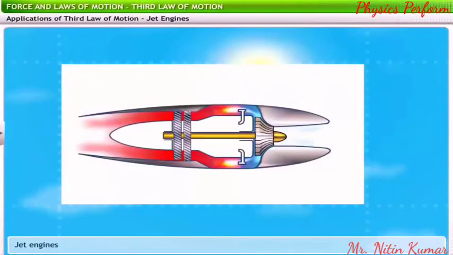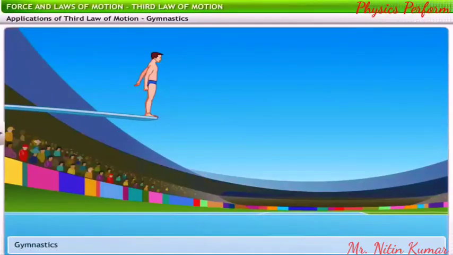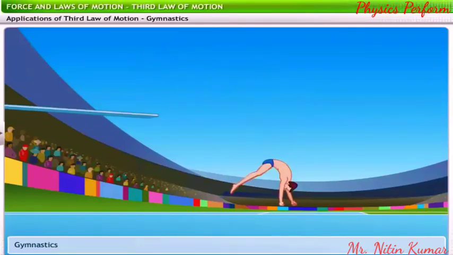Jet engines also work on a similar principle. A jet engine pushes air backwards during flight. As a reaction, the aircraft is pushed forward. If you like swimming and diving, you must be familiar with diving board. During a swimming event, a gymnast hops on the free end of the diving board before jumping off.